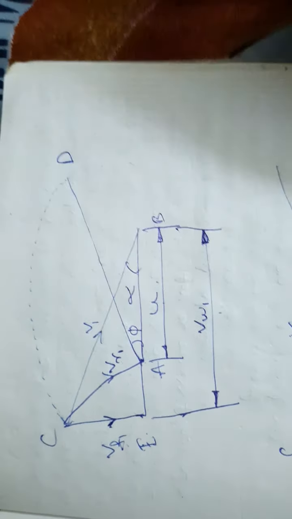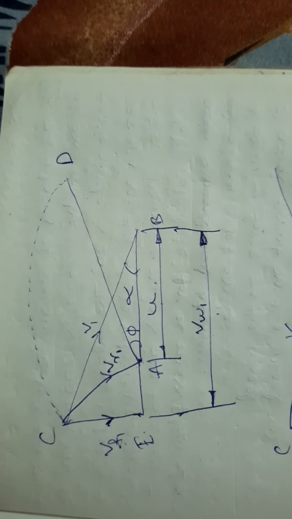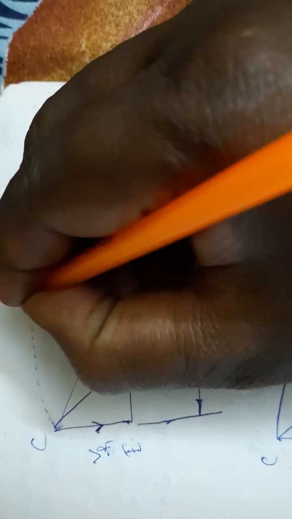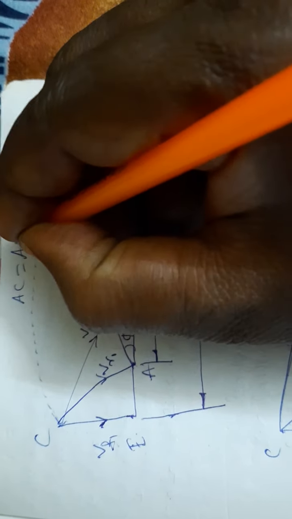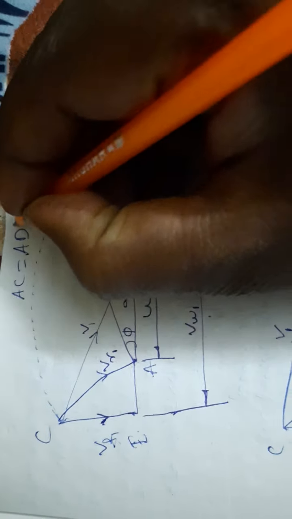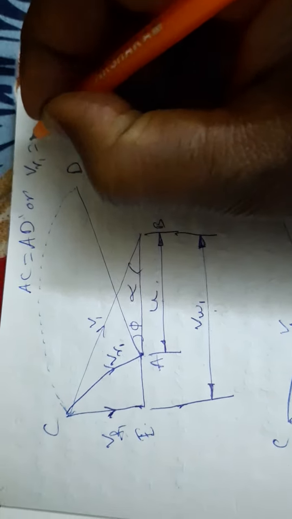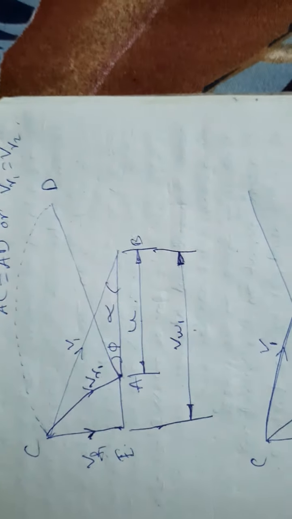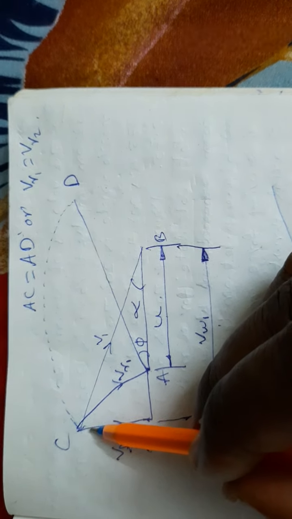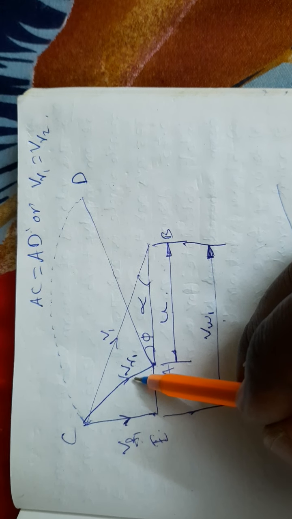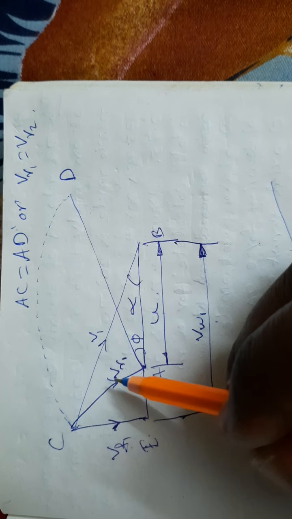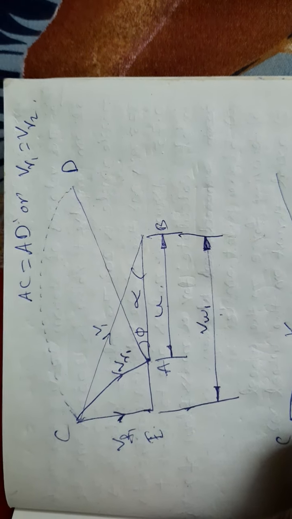So now it is D. Here AC is equal to AD, or VR1 is equal to VR2, because we are neglecting the frictional losses in the nozzle.